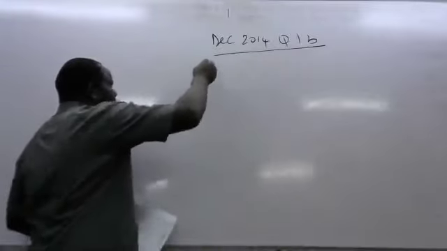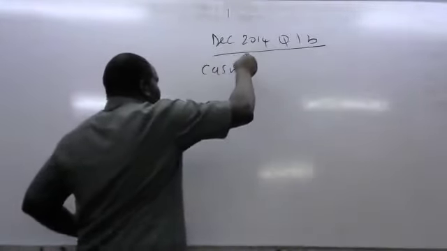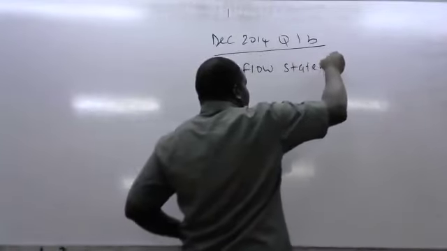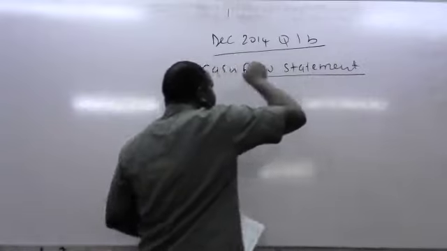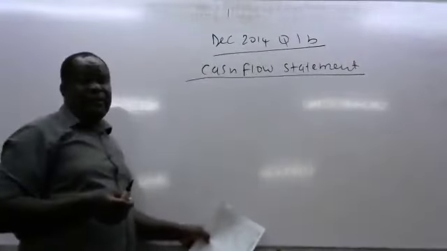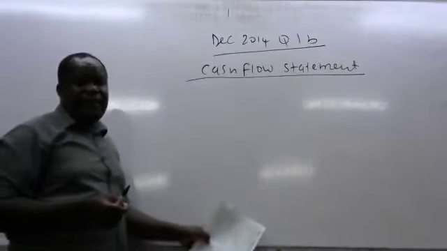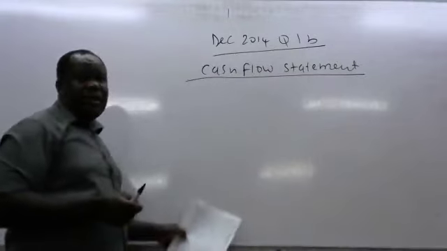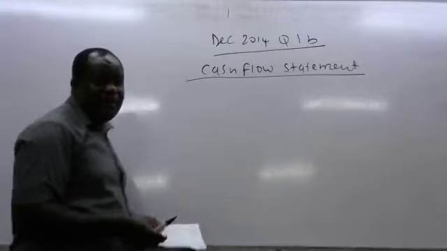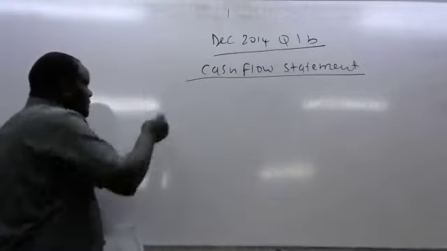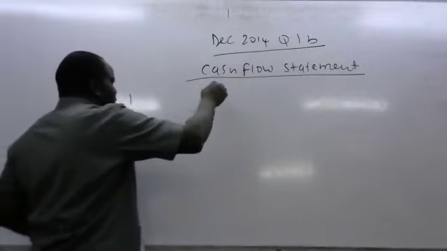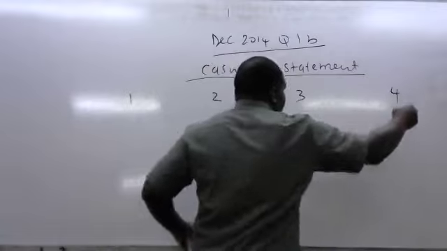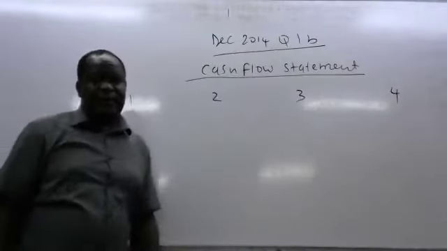We shall first be required to prepare the cash flow statement. So in our cash flow statement, we shall be having year 1, year 2, year 3, and also year 4.